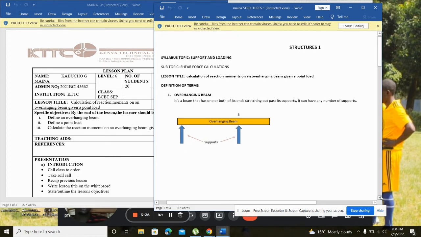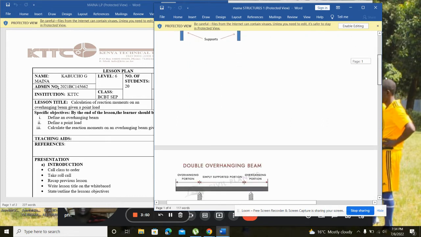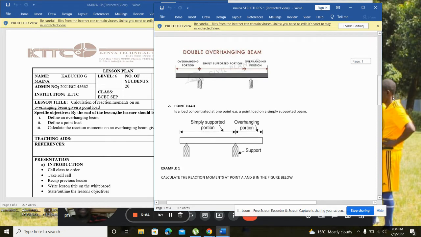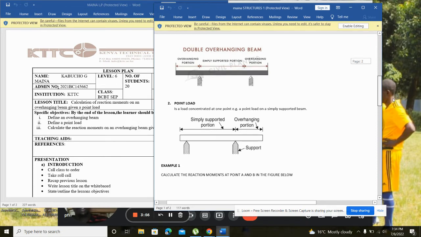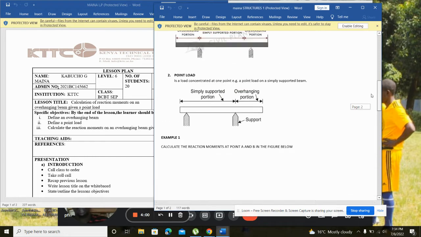The correct definition is: a beam that has one or both of its ends stretching out past its supports, and it can have any number of supports. You can refer to the diagram I have sent you via WhatsApp. We have a single overhanging beam and a double overhanging beam.